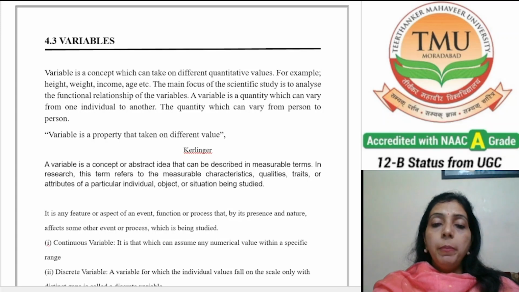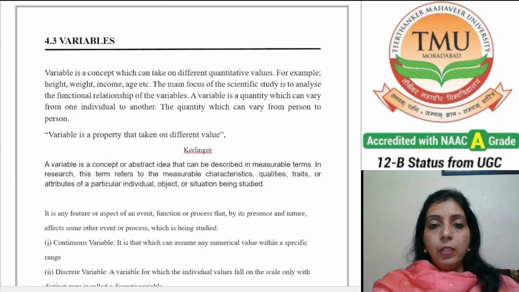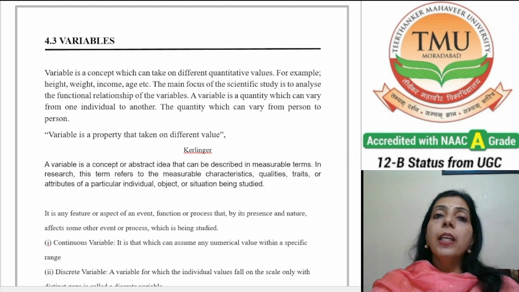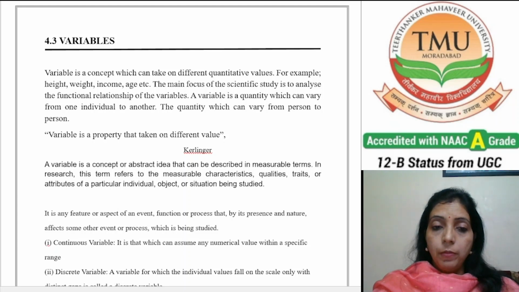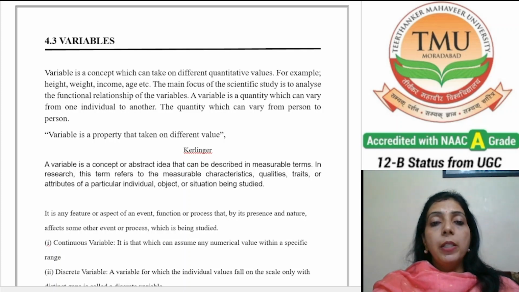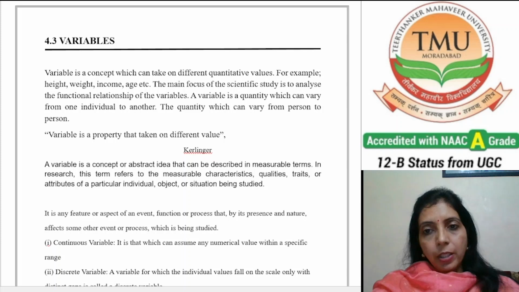They differ in many respects, mostly like the role they are given in our research, the role they are assigned in our work, and in the type of measure that can be applied to them.